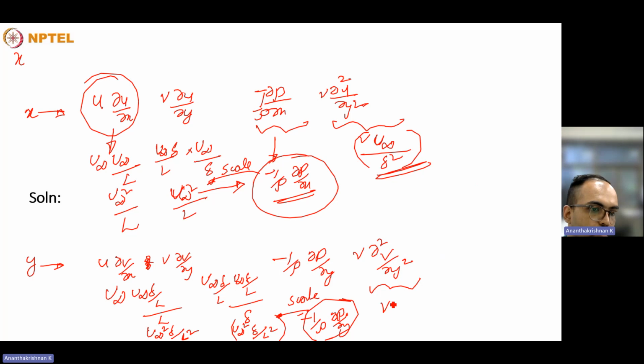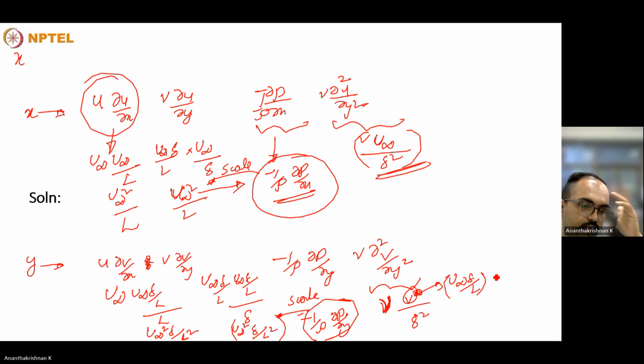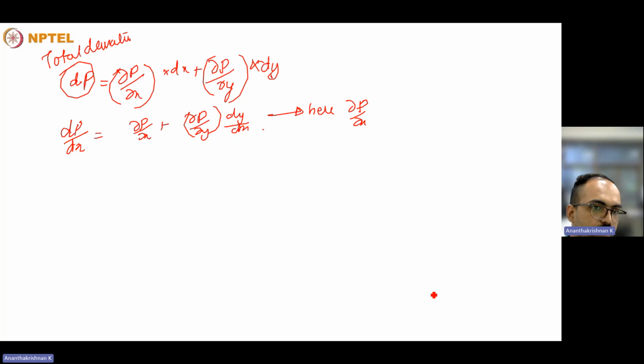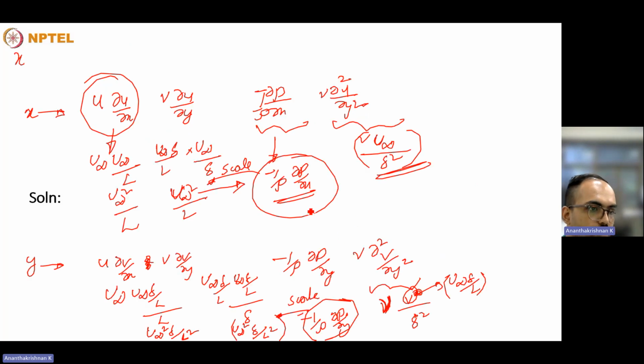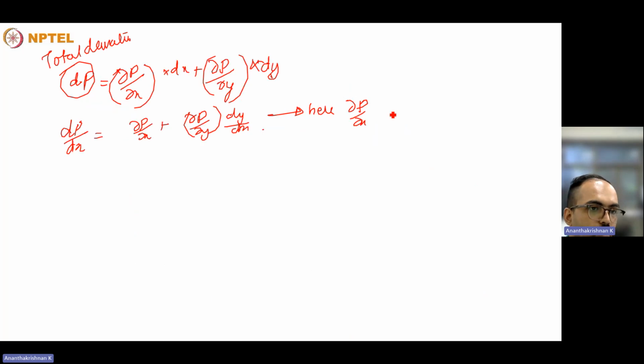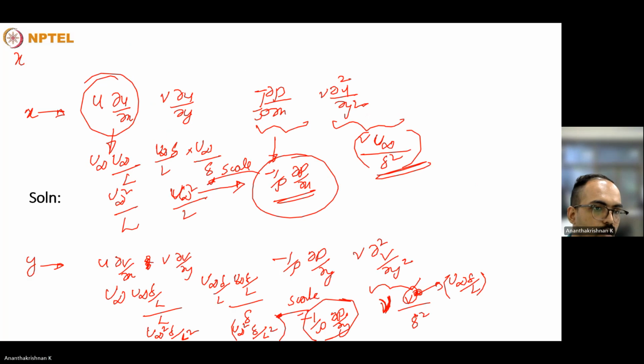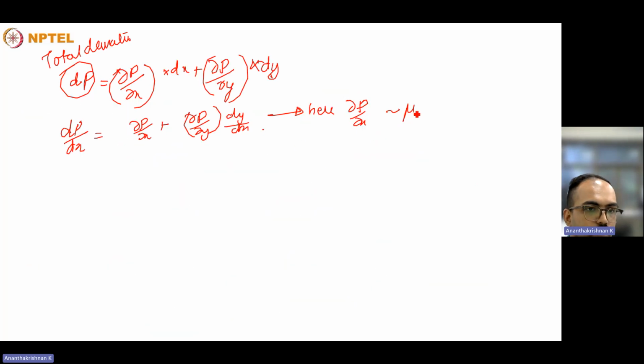Similarly, here it will be of the order of nu into v divided by delta squared. So v can be written as u∞ into delta divided by L. So from this, ∂p/∂x will be of the order of, rho into nu will be mu, mu into u∞ divided by delta squared, from the scale of x momentum.